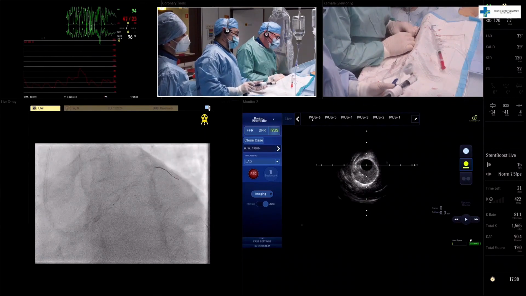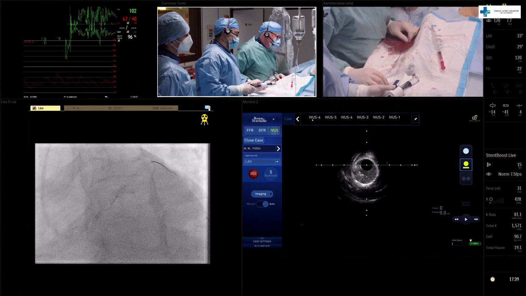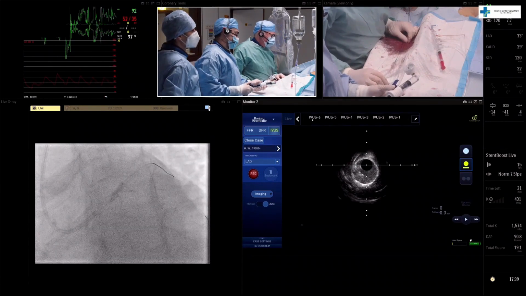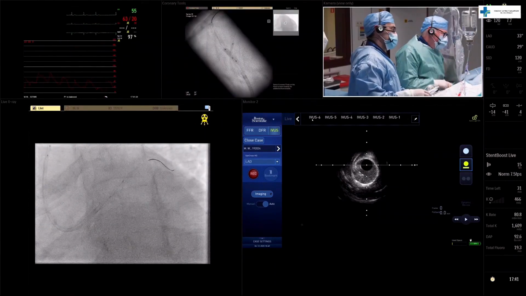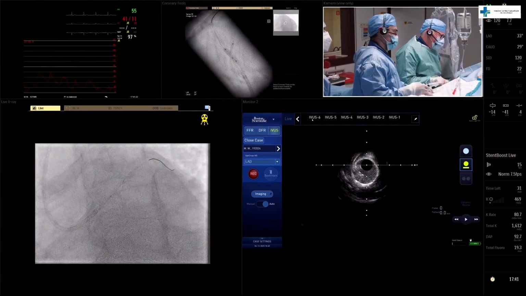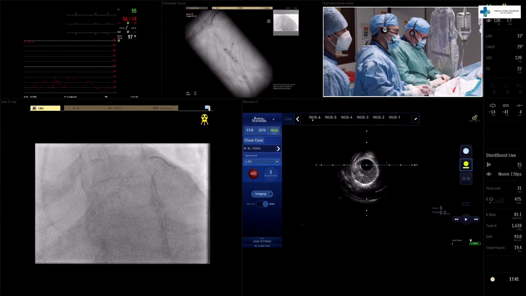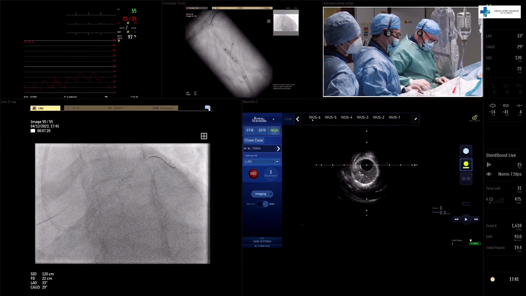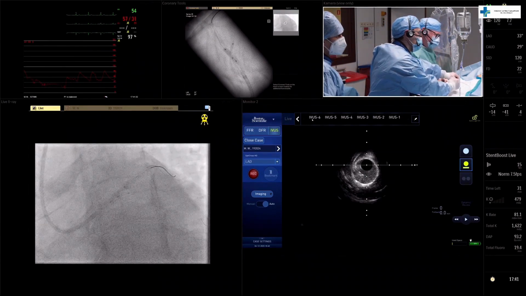Okay, so give 6. And again open, 6. And now it's much better. Okay, deflate. So I have my 3.0 short balloon to the circ, and I would like to position it just at the bifurcation. So now, Pavel, definitely we need some contrast.